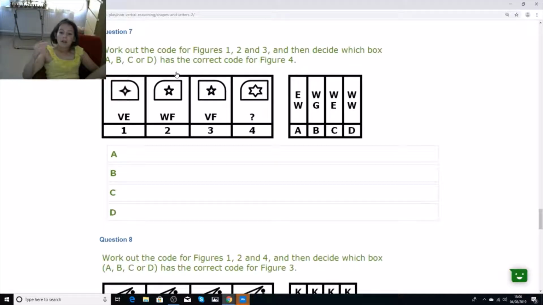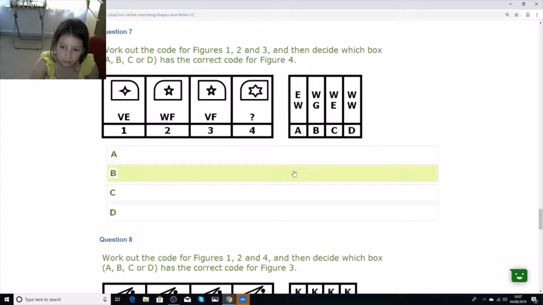In 1 we have E because of the diamond star sort of shape, and in 4 we have a new shape altogether, so it can't be the same letter that's already been used. So it's probably WG, actually. WG, yeah. So that's B.